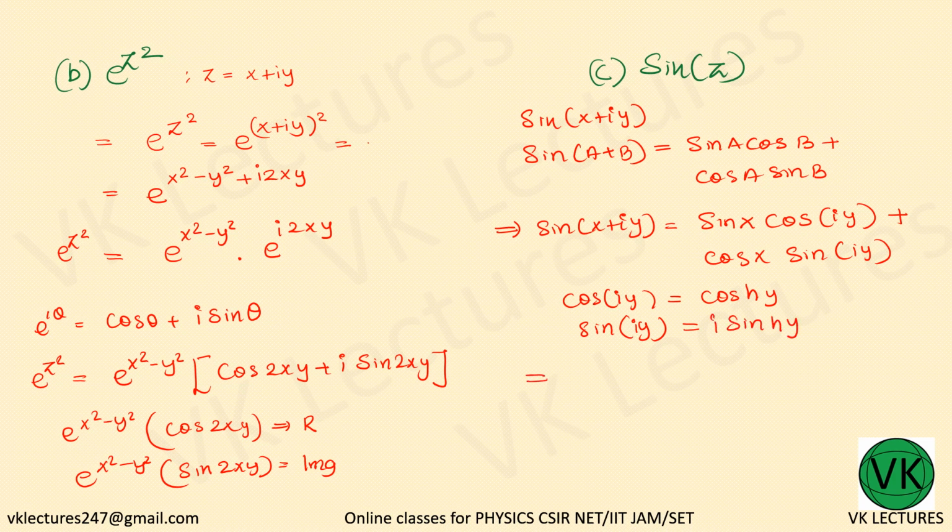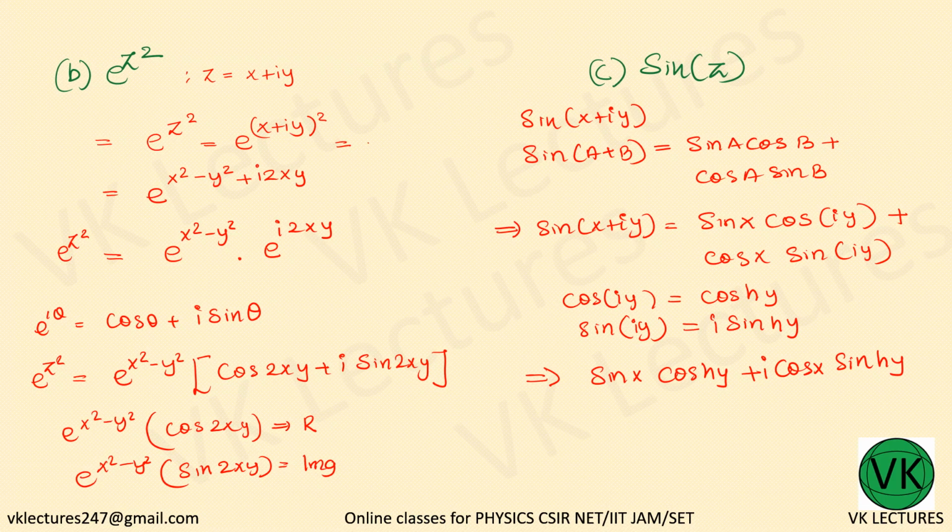Now replace this: sin x into cos iy is sin x cos hyperbolic y, plus cos x into i sin hyperbolic y.